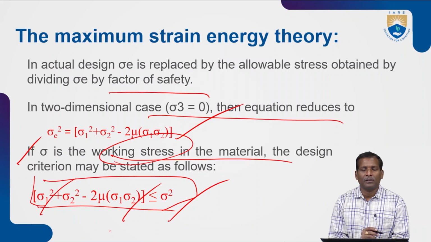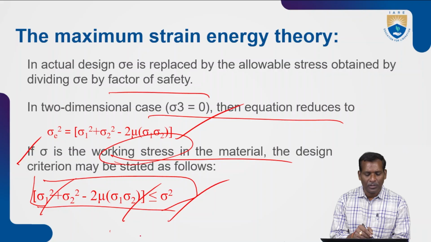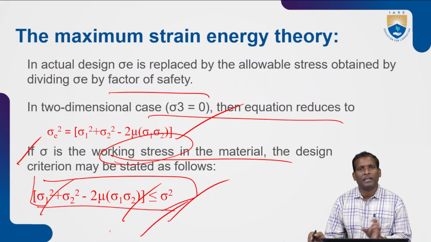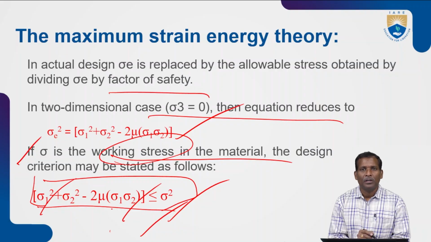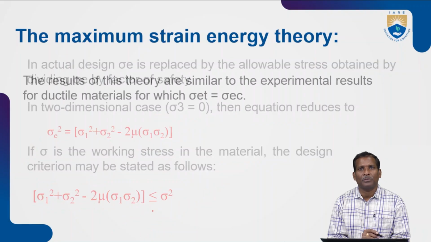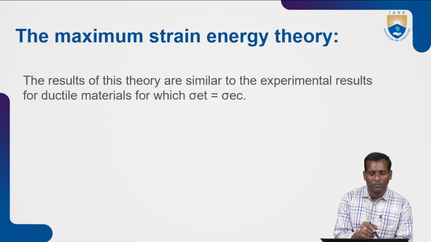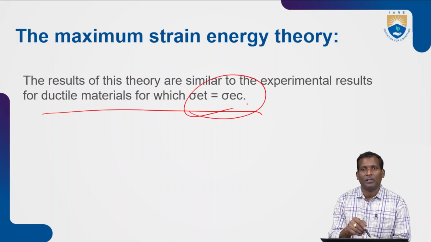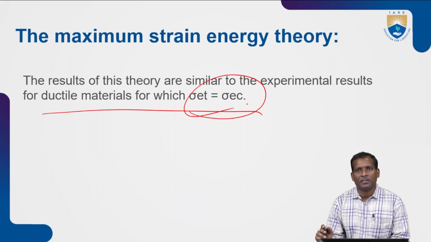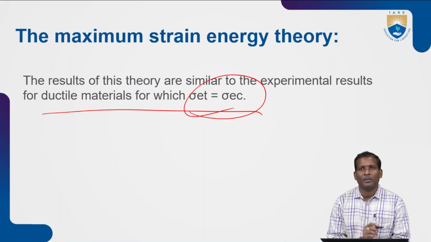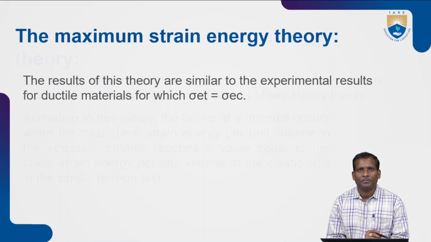So that is the failure condition, and the condition for safe design is that you have to write sigma 1 square plus sigma 2 square minus 2 mu into sigma 1 sigma 2 less than or equal to sigma square. The results of this theory are similar to the experimental results for ductile materials, for which the stress at the elastic limit is equal in tension and compression.